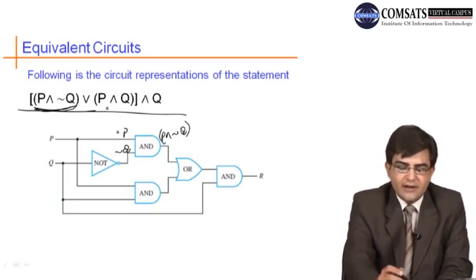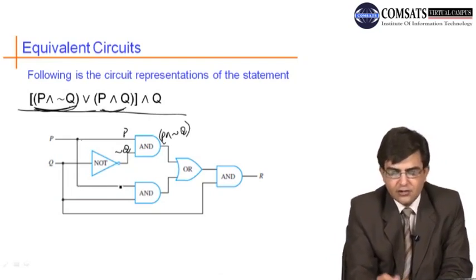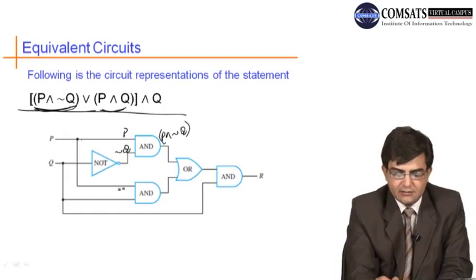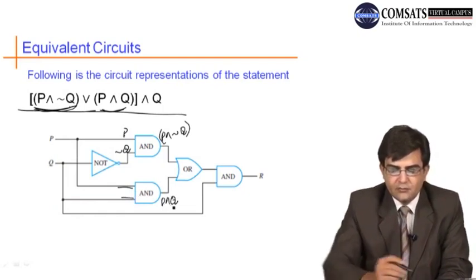Now we have another bracket, P and Q. We connect another line for the second bracket and for Q also, and we insert them in the AND gate. We obtain here P and Q.